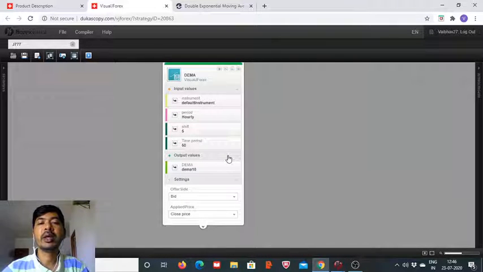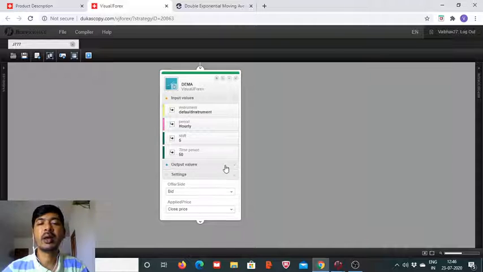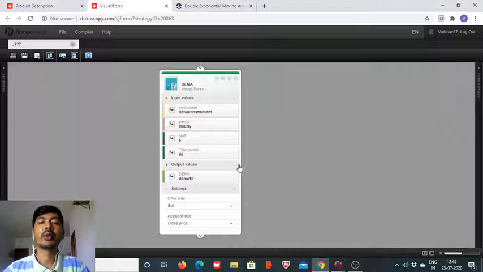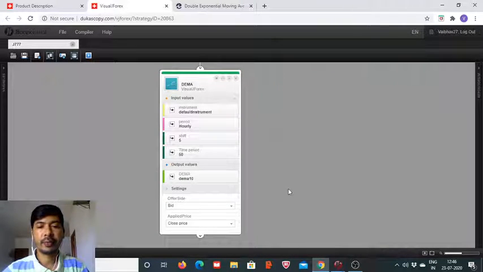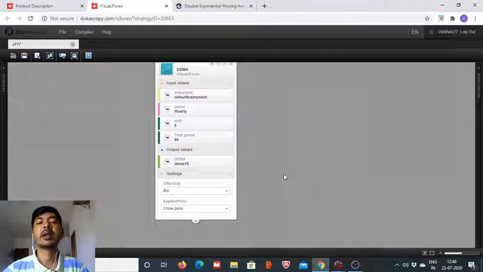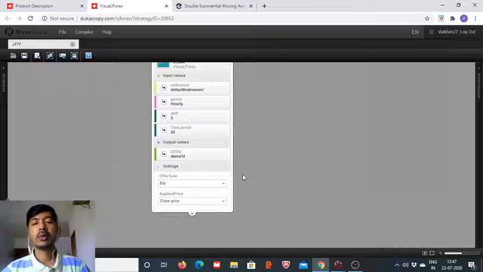So for each block you use for DMA, you will get different output values, and these output values will be a variable, and you can use these output values in any of your setup. You can do the comparison, and that will help you determine when to make entry and when to make exit in any trading. Now this comes to the last part, the settings.